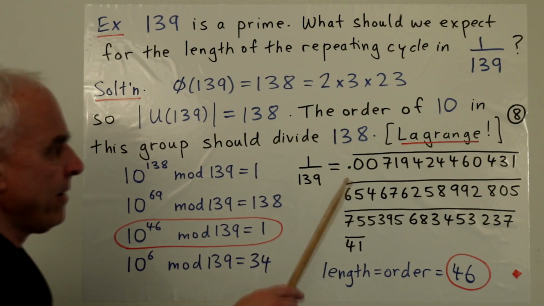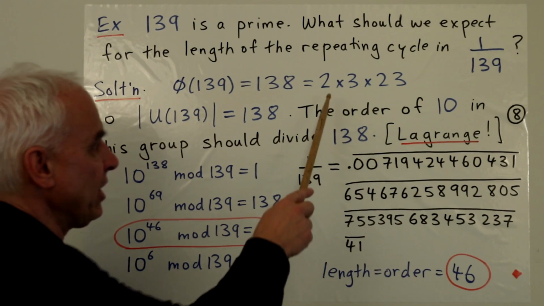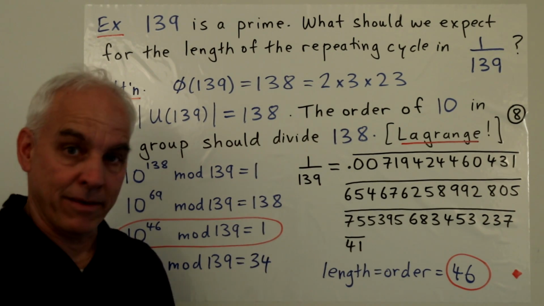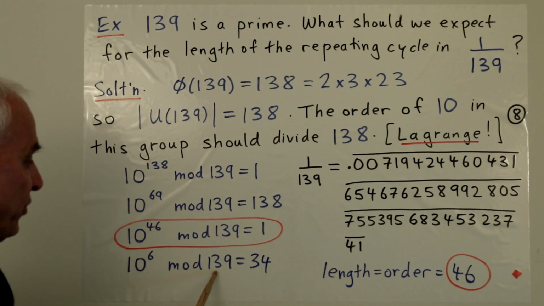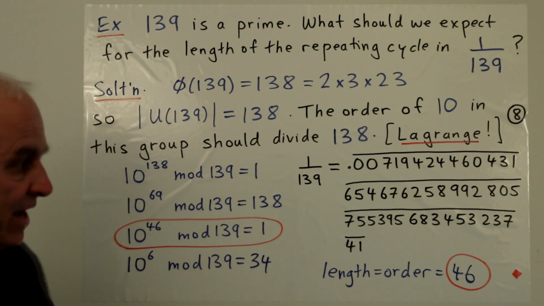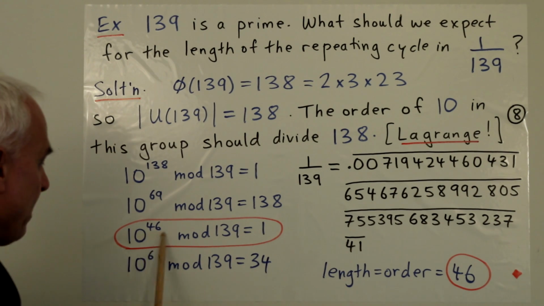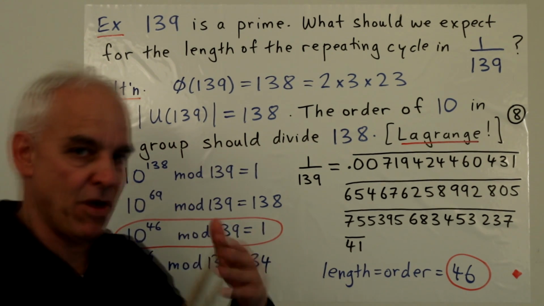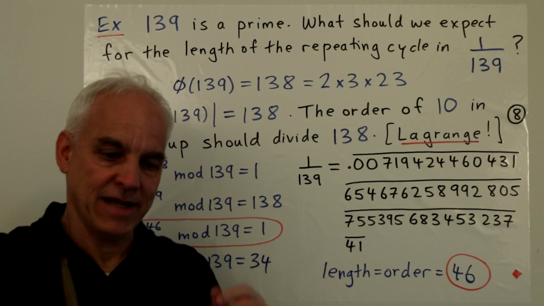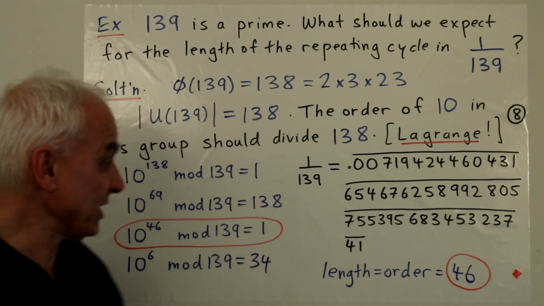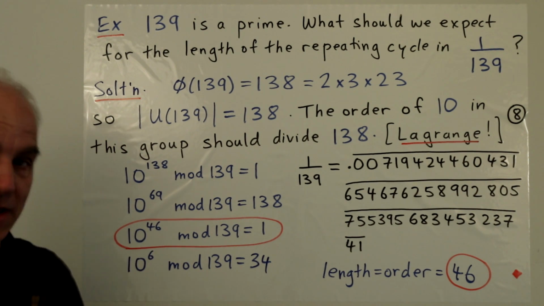But maybe something smaller will work. Maybe just 2 times 3. Let's see if that works. 10 to the 6th mod 139 is 34. That's not going to work. So this number 46 is the smallest possible divisor that has the property that 10 to it is equal to 1. So this is actually the order of 10 in this group.